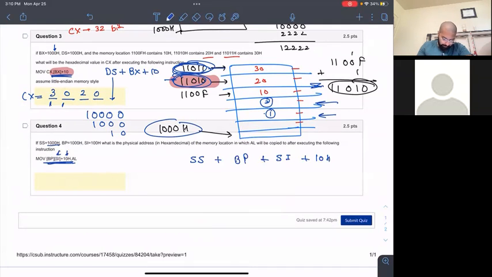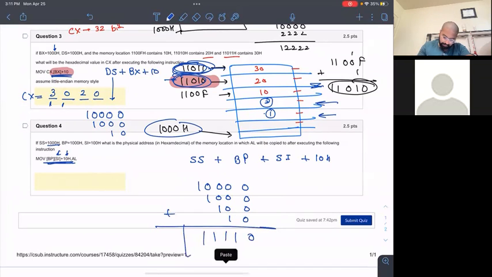The segment is 1000, and we add a 0 because it's a segment. Then the base pointer, which is 1000, then the source index, which is 100, and then another value of 10. We add them all together: 01111. This will be the location in the stack segment where we want to save the value of AL.